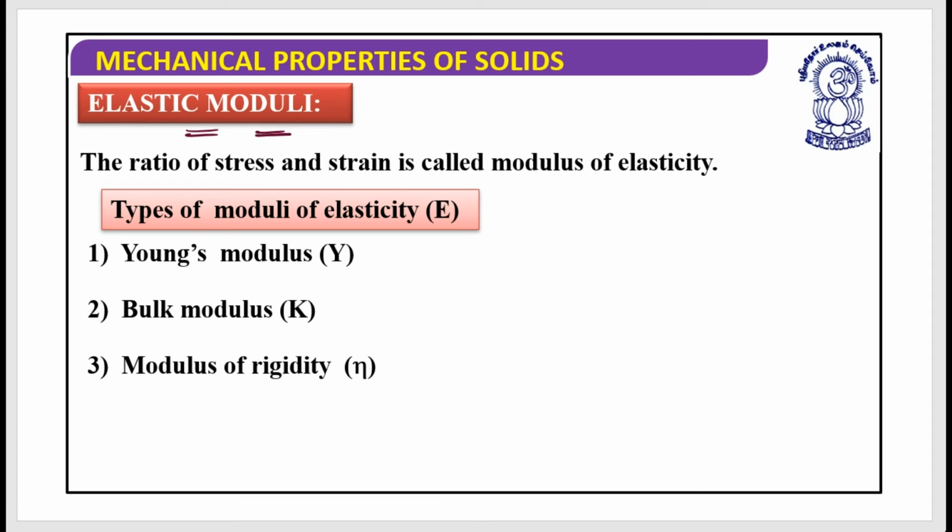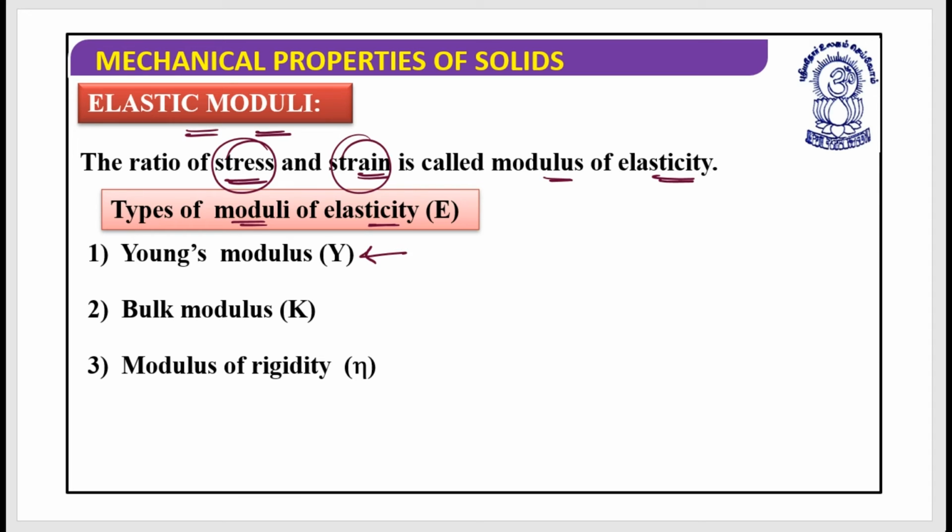Basically, when I say elastic moduli, it is the ratio of the stress and strain. So when I take a ratio of any stress and strain, it is called a modulus of elasticity. We have three types of modulus of elasticity.